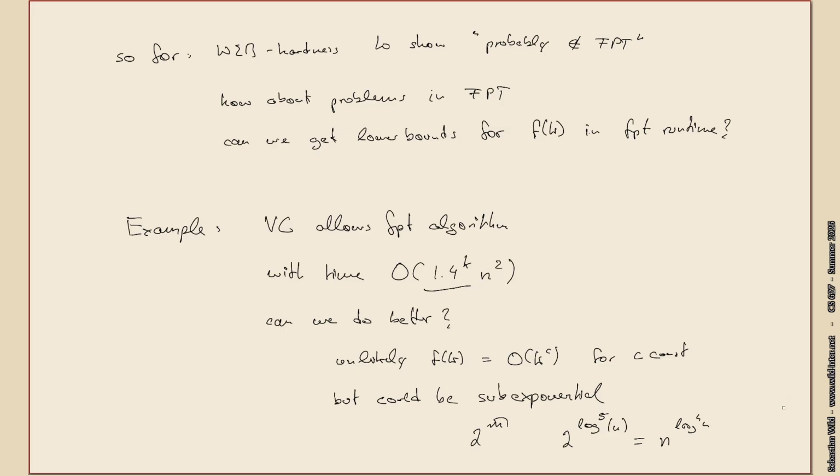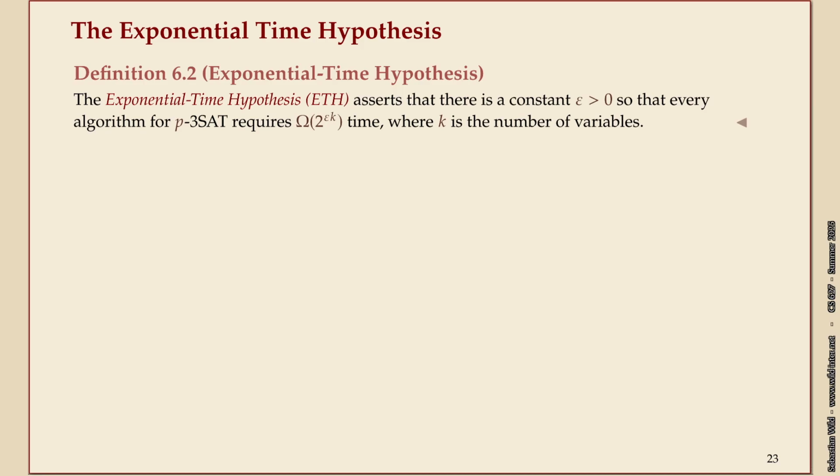I guess I should have said k here instead of n, but as a function in n, these are all super polynomial, sub-exponential. And it's not clear if you can improve this to sub-exponential from what we've seen so far. All we have are upper bounds on this, and we have no lower bound for vertex cover beyond probably not polynomial, okay? And that's what we're looking at here.